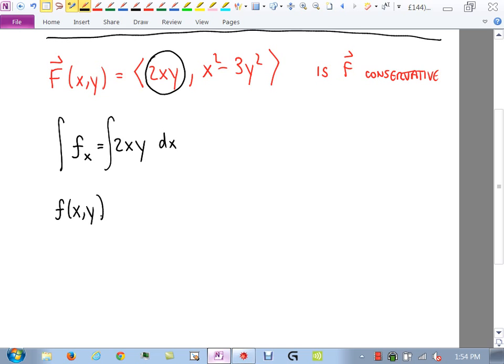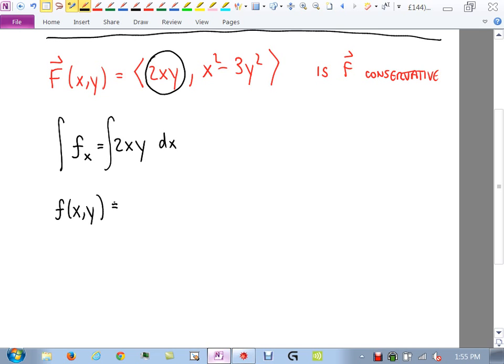No, because look, it was the whole function, right? There's no components here. Do you follow though that this symbol meant partial of f with respect to x, so the antiderivative with respect to x should take us back to the original function, f of xy.